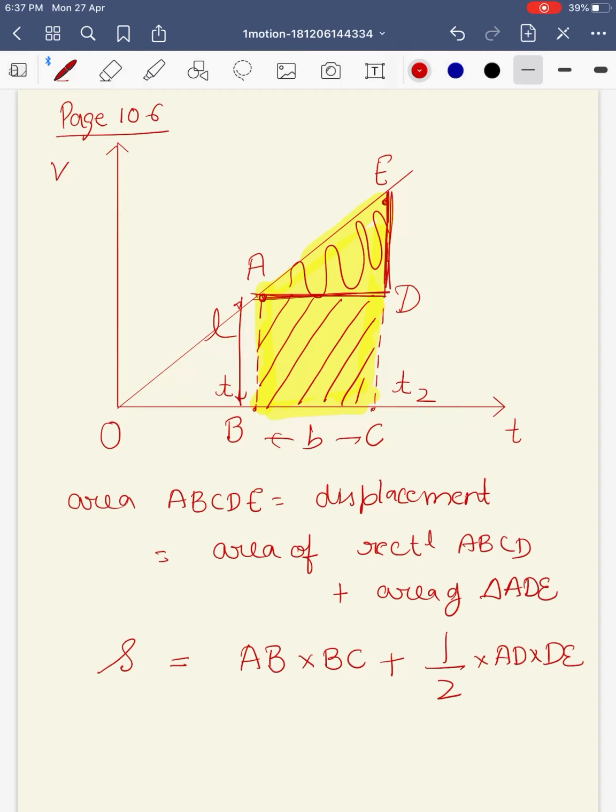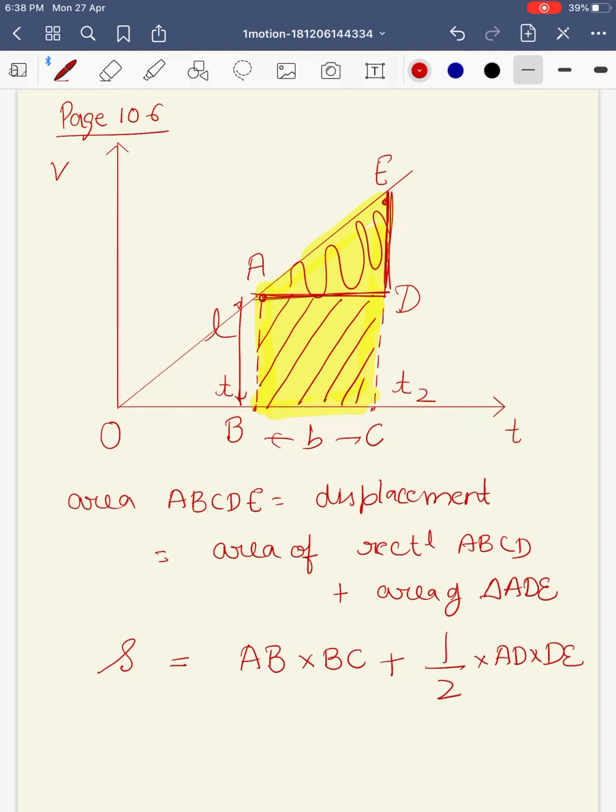These relations, that which quantity is given by area of the graph and which quantity is given by slope of the graph, these we will be using when we will be deriving equations of motion. Okay, so let's revise once again what we have done. In distance time graph, the slope of distance time graph always gives you value of speed.